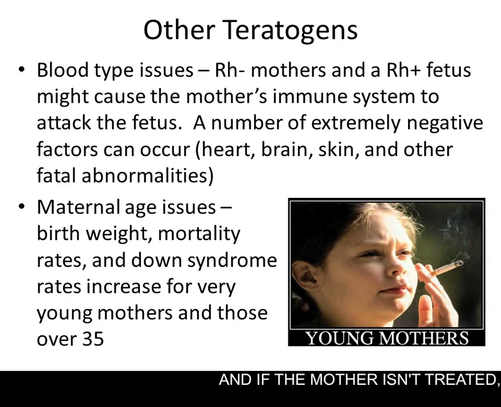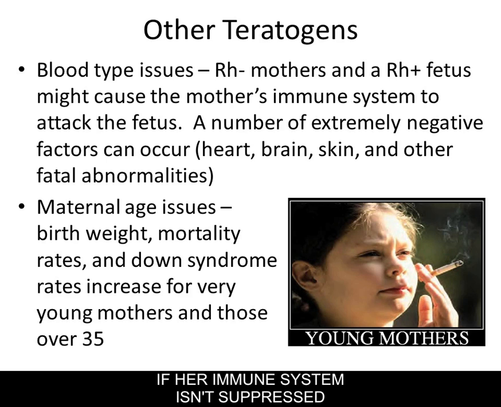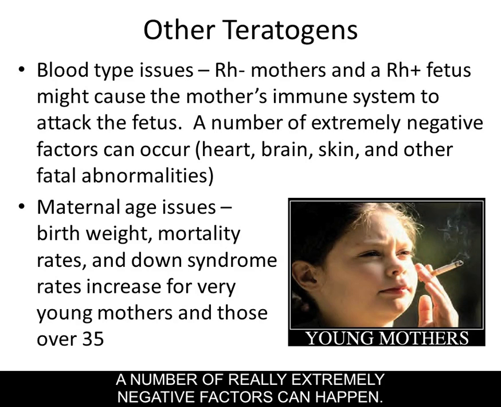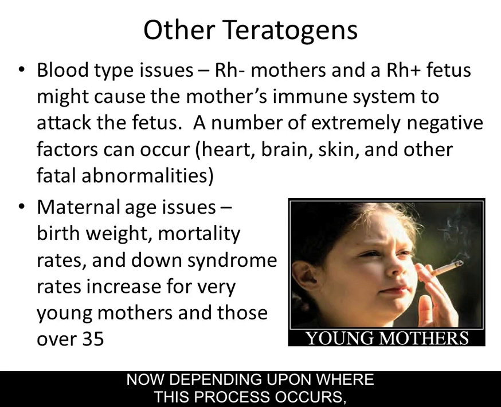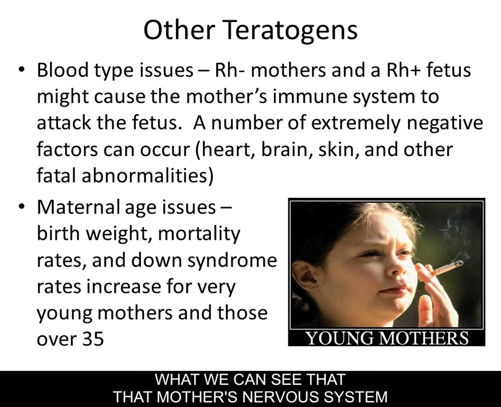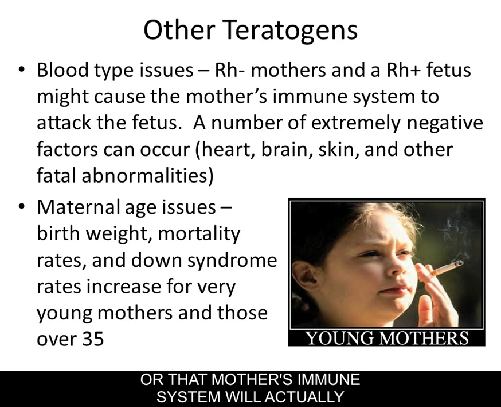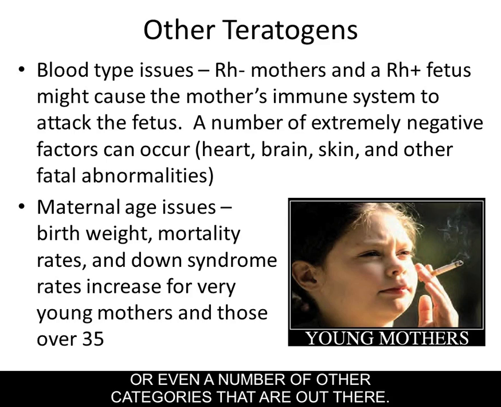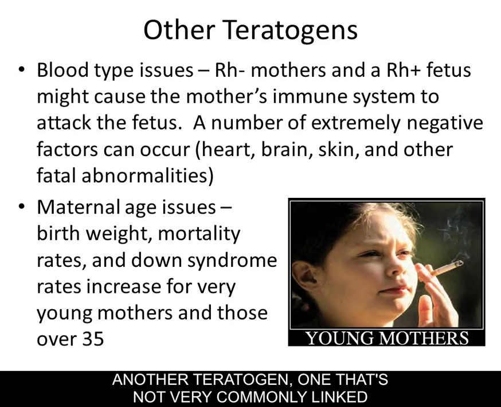And if the mother isn't treated, if her immune system isn't suppressed so she doesn't have her body attack the child's body, a number of really extremely negative factors can happen. Now, depending upon where this process occurs, we'll talk about this in a second, we can see that the mother's immune system will actually attack the child in either the heart, brain, skin, or even a number of other categories that are out there.